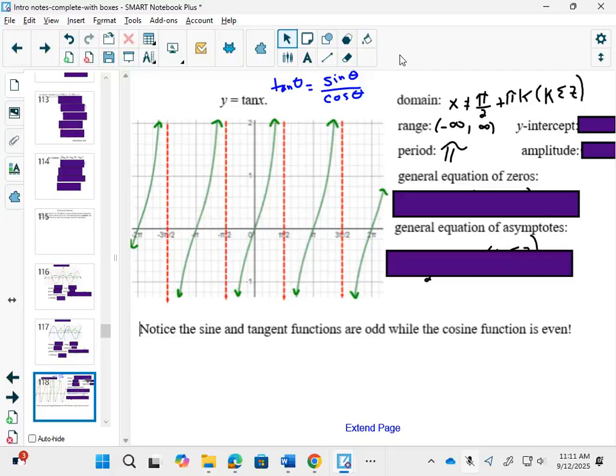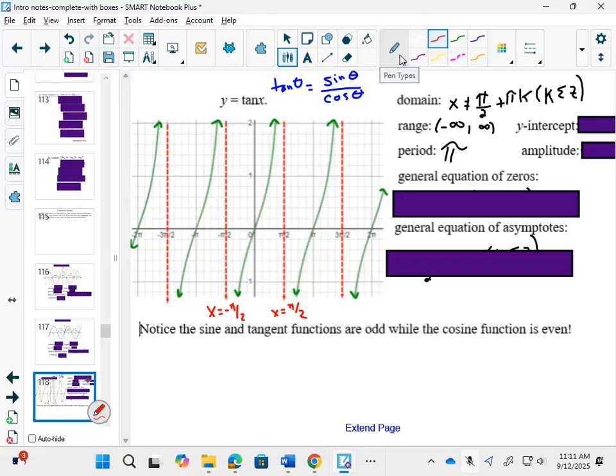If we label this as negative pi over 2, and this one as pi over 2, the distance in between those two asymptotes is pi. And the graph repeats itself every pi units.